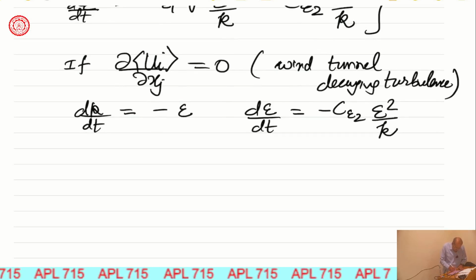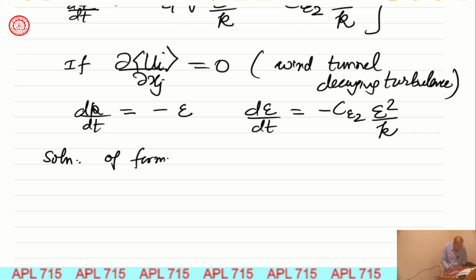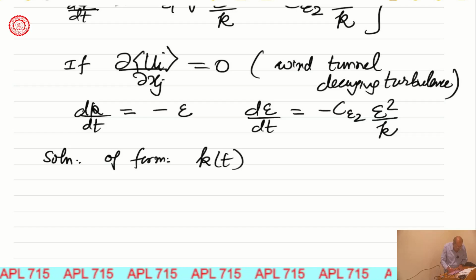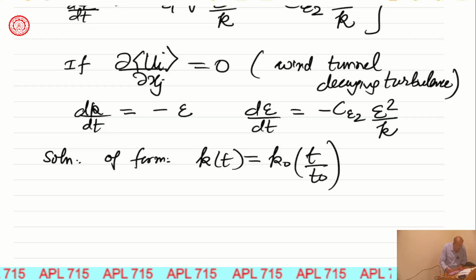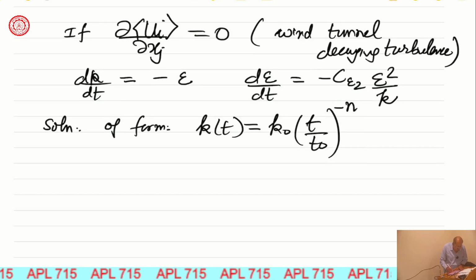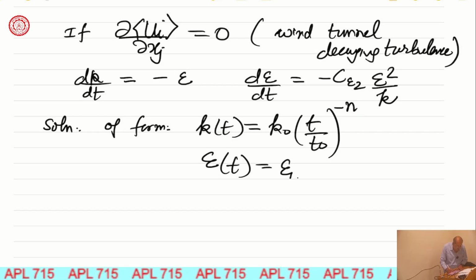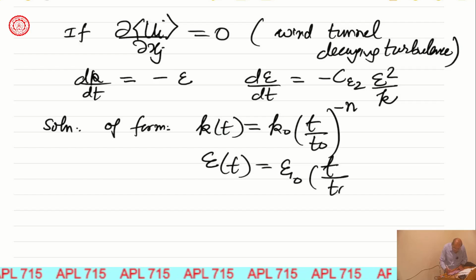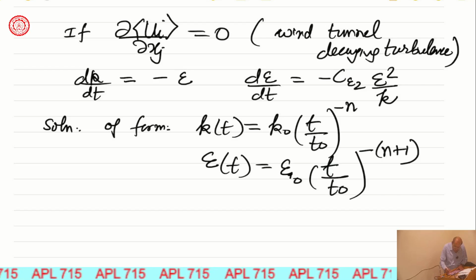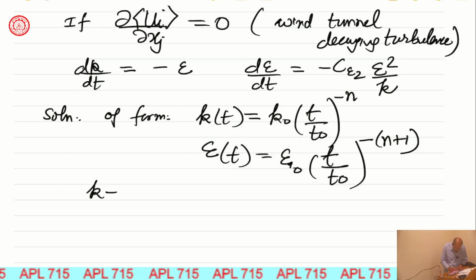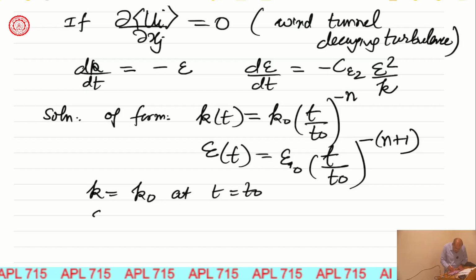Now here the solution is of the form k of t is equal to k0 (t upon t0) to the power of minus n and epsilon of t is equal to epsilon 0 (t upon t0) to the power of minus (n plus 1), where k is equal to k0 at t is equal to t0.